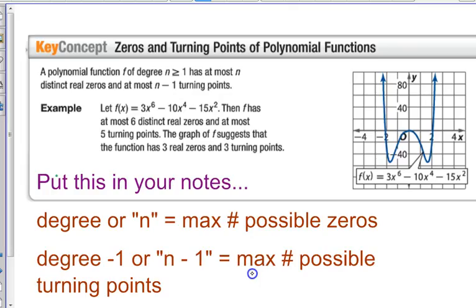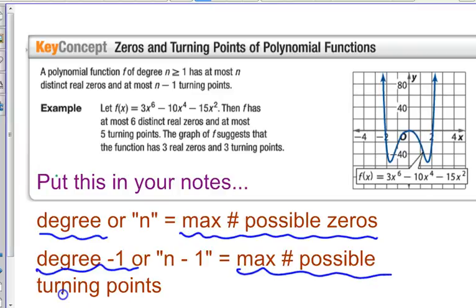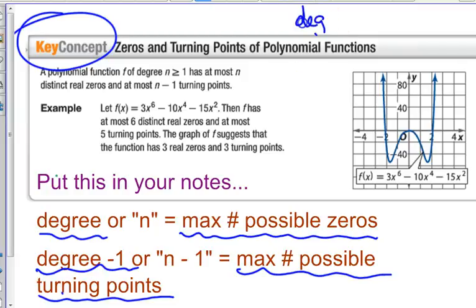It's 1 less, okay? So can you find somewhere in your notes, I know I didn't leave a spot for this specifically, but the degree is equal to the maximum possible number of zeros or x-intercepts. The degree minus 1 is equal to the maximum possible number of turning points. This is a really key concept that I didn't write a very nice spot in the notes for, okay? It's degree equals maximum number of zeros.